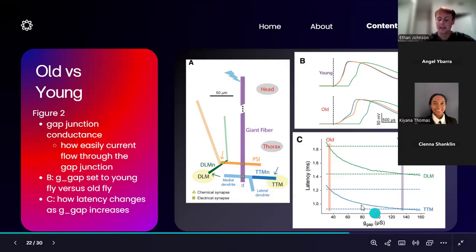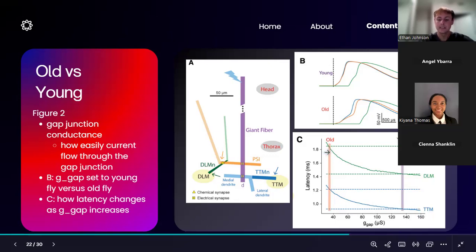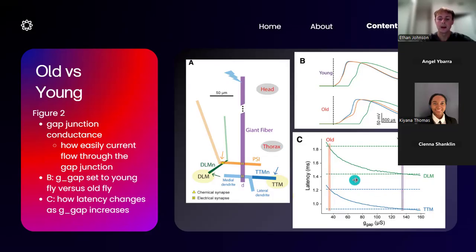And we can see down here that based off of the gap junction conductance, as this conductance increases, we see that the latency is decreasing, meaning that they're responding faster. So this is showing, okay, gap junction conductance is an important one to be looking at.